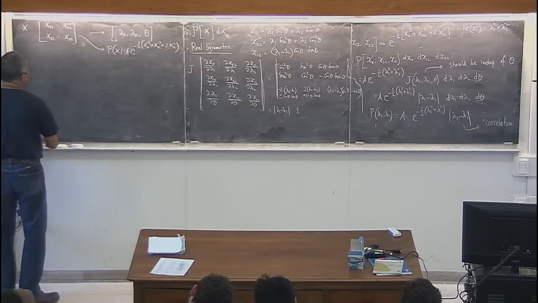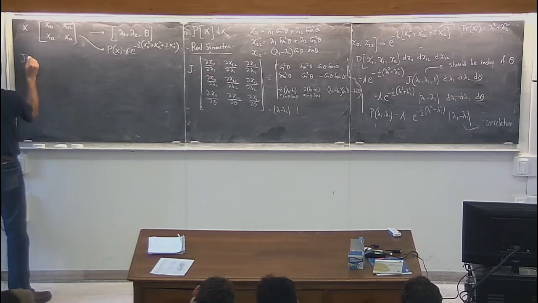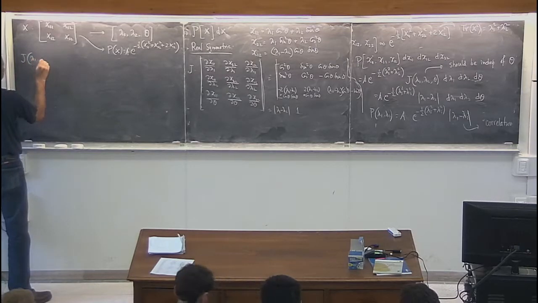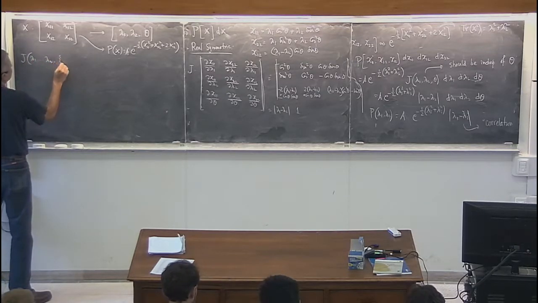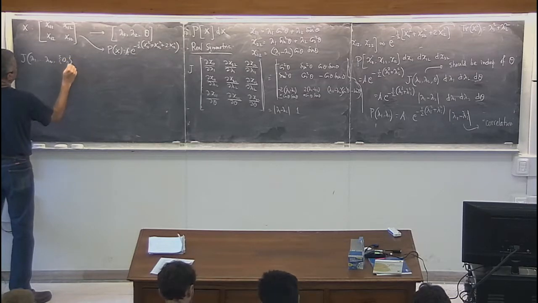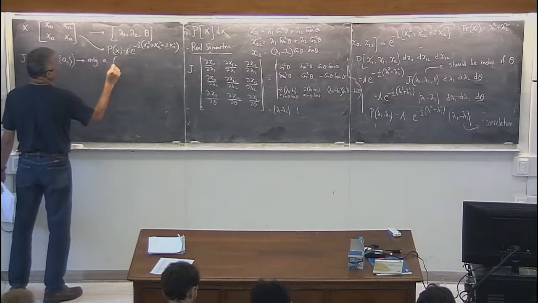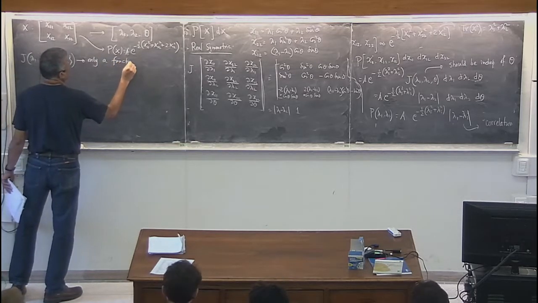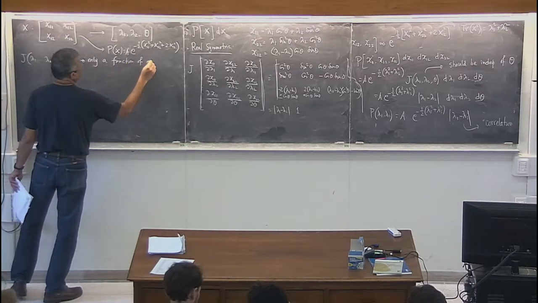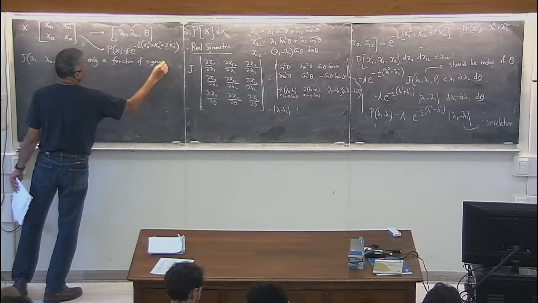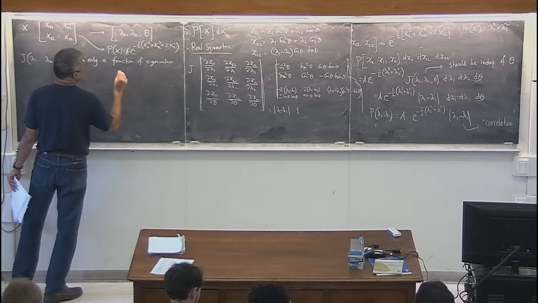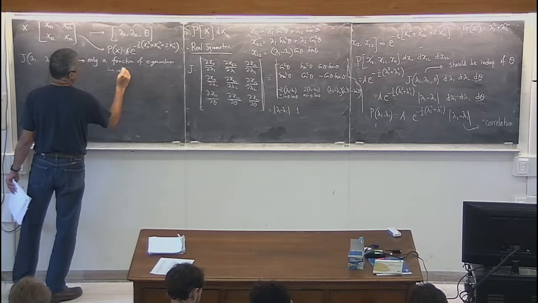The statement is that this Jacobian, in general, is only a function of eigenvalues, and it's completely independent of these eigenvector degrees of freedom.